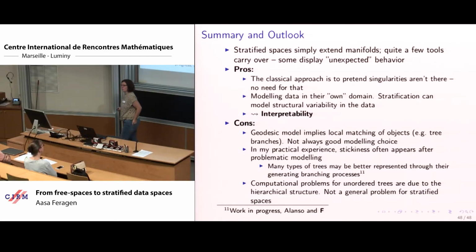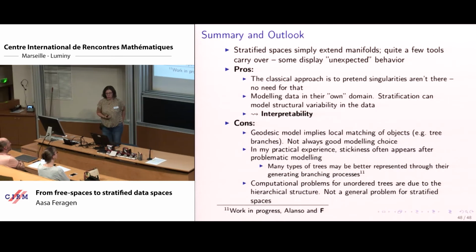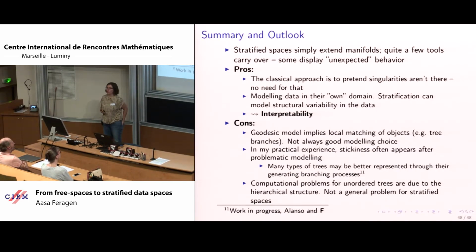And the other pro is that we're modeling the data in their own domain, which means the stratification in particular is very useful for explicitly modeling structural variation in data and gluing structural differences together in an almost continuous way. And finally, this gives us a way of building interpretable tools.